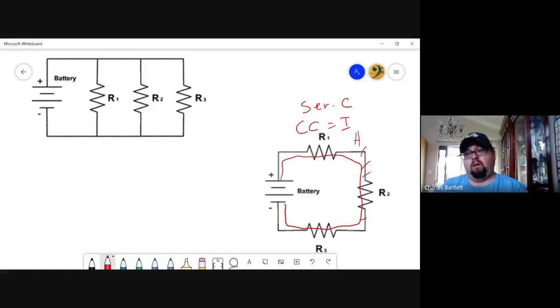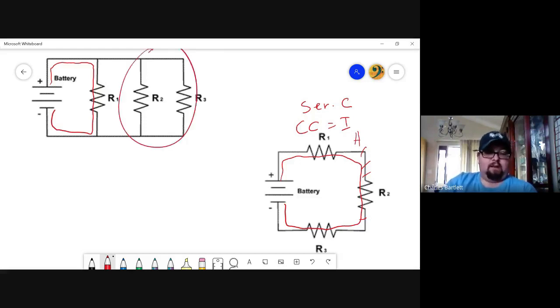Now, a parallel circuit, which is actually a lot more like what we use and install every day, is a circuit that doesn't just have one pathway. In this case, if we got rid of these, we would have a series circuit with just the one resistor.